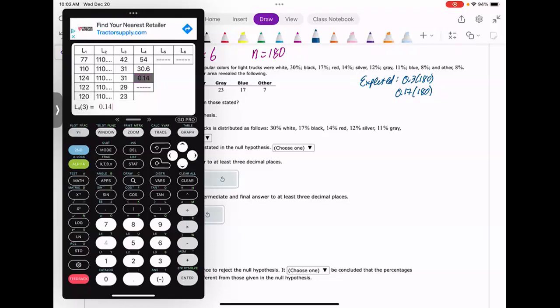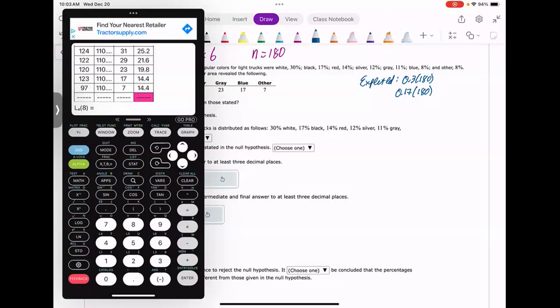So 0.14 times 180, 0.12 times 180, 0.11 times 180, 0.08 times 180, 0.08 times 180. So there are my expected values.